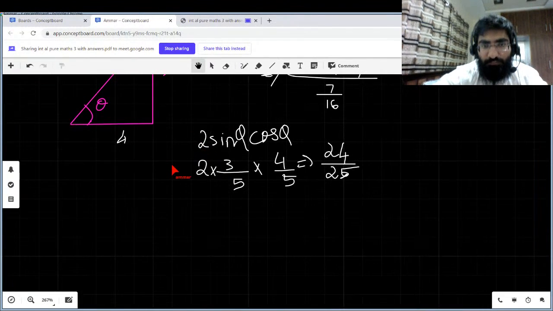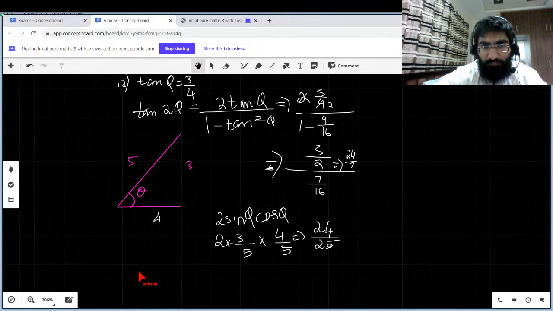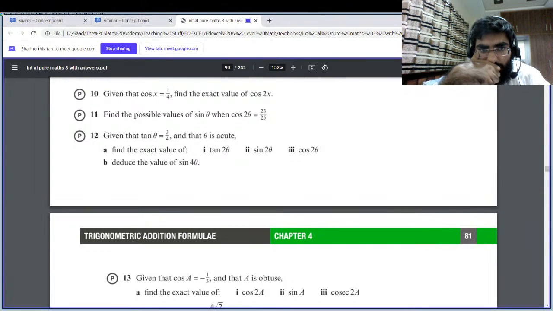And then for b, I'll just do b now. Reduce the value of sine 4a. So sine 4a would be 2 sine 2 theta cos 2 theta, no?